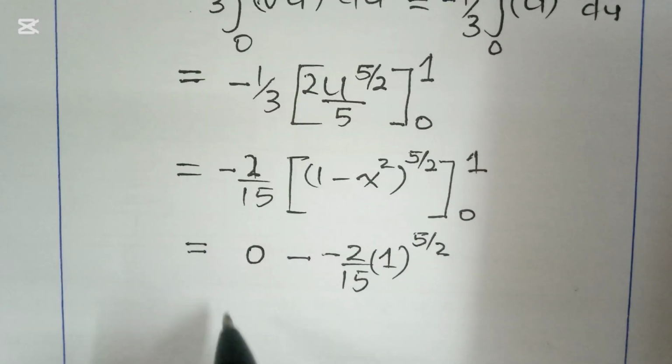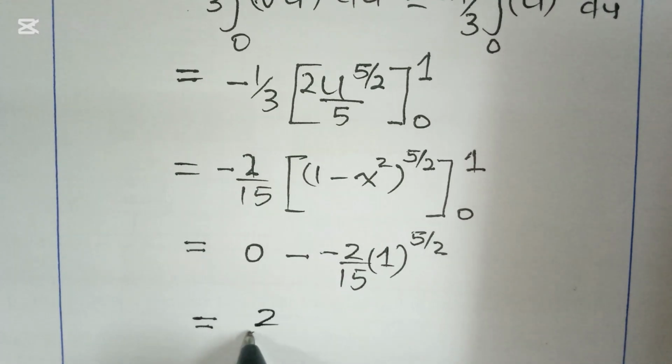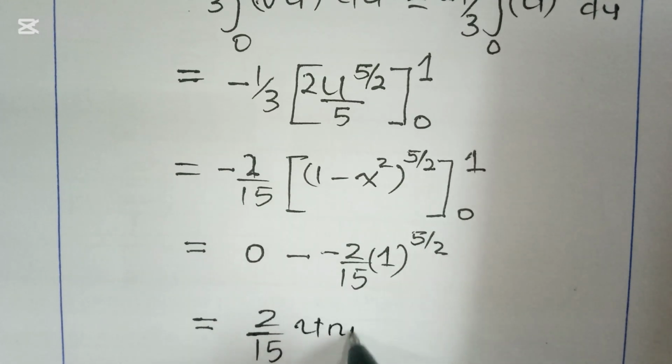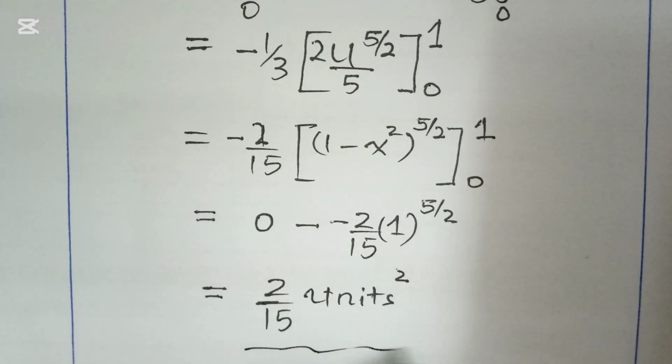And so we get our final answer, which is 2 all over 15. That is our answer, unit square. So that is our solution.